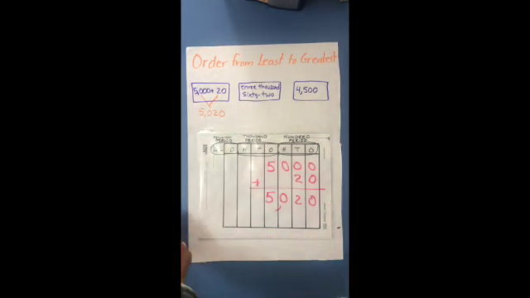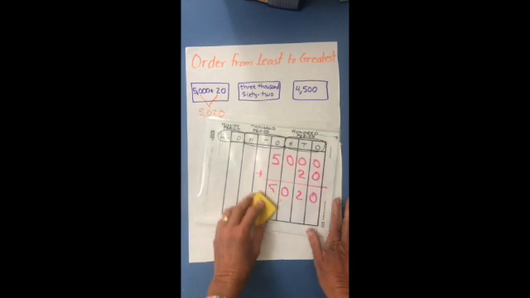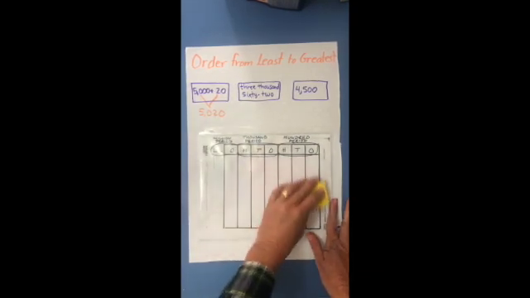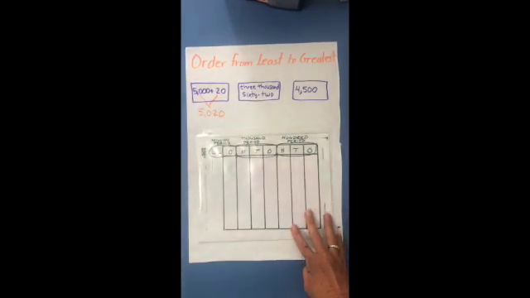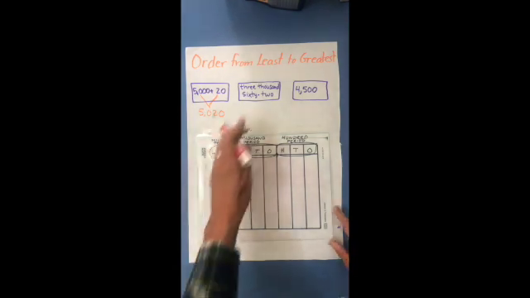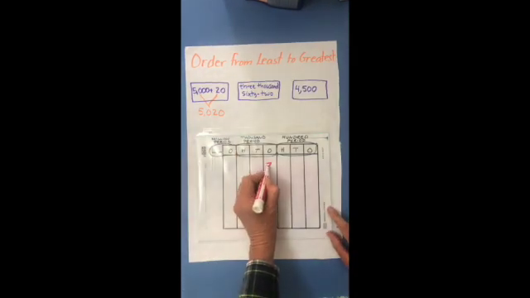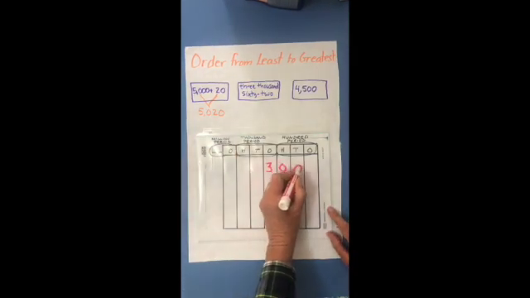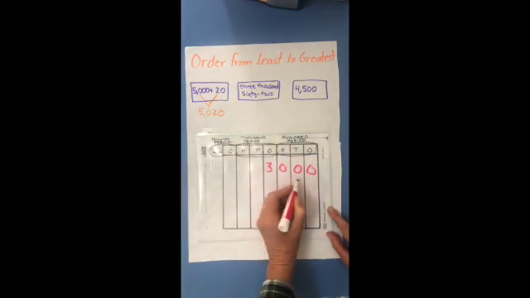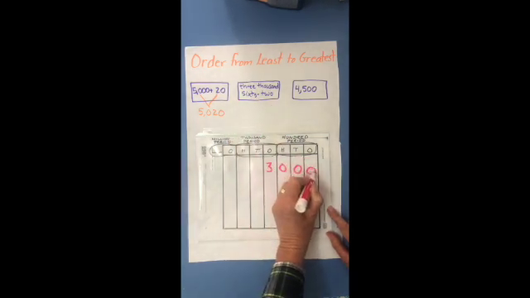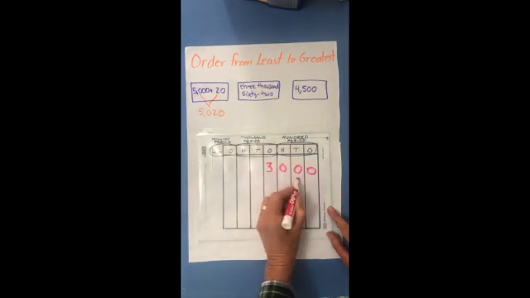Okay, now I need to change the middle number from word form to standard form. It says 3,000, so I'm just going to write 3,000. It's just easier for me. And then it says 60. Ooh, that's a terrible 0. And then 62, so I'm going to write 62 over here.